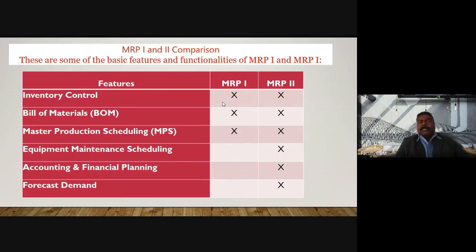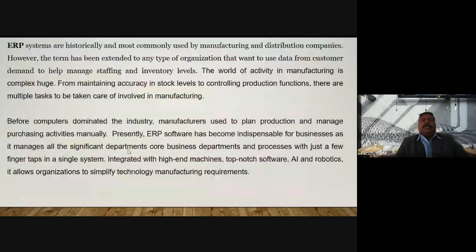Only inventory, bills of materials, and the master production scheduling will be done. But what about the equipment maintenance, accounting, financial planning, and forecasting demand? We are not going to do those in MRP1. So MRP2 has all the features displayed here. That is the comparison.